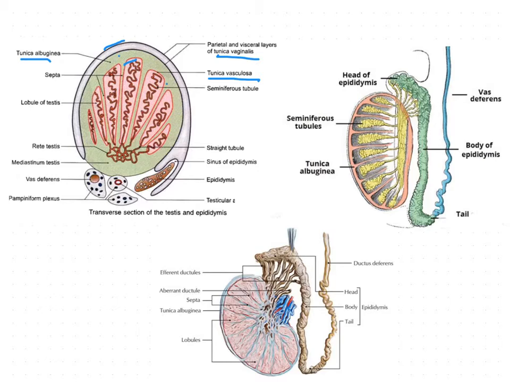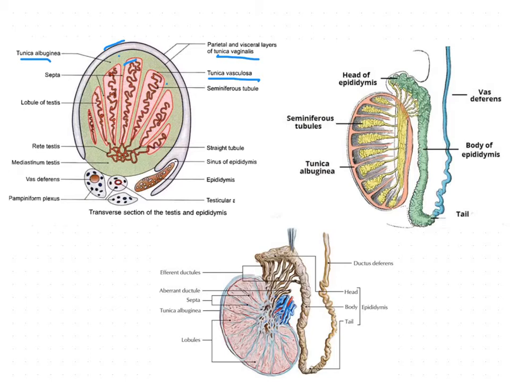Because it comes from the peritoneum, which has 2 layers, the parietal layer and the visceral layer, the same thing is exhibited by the tunica vaginalis.